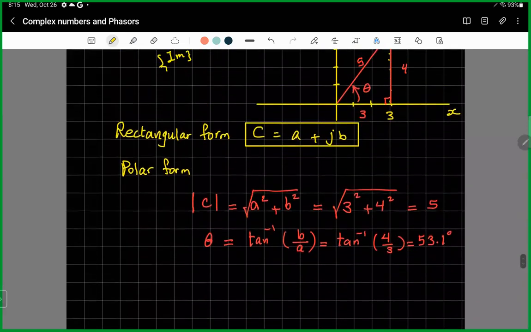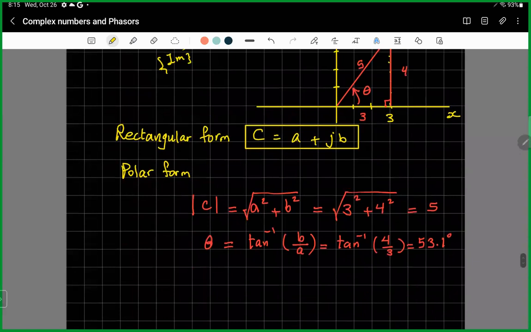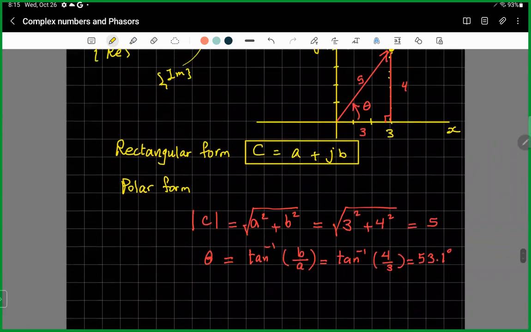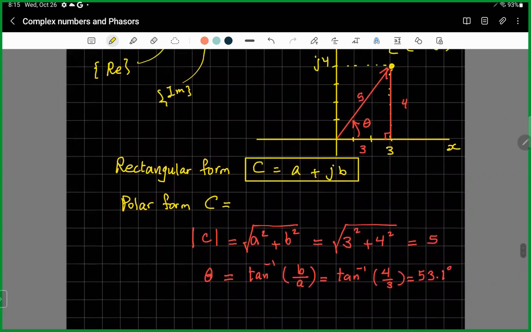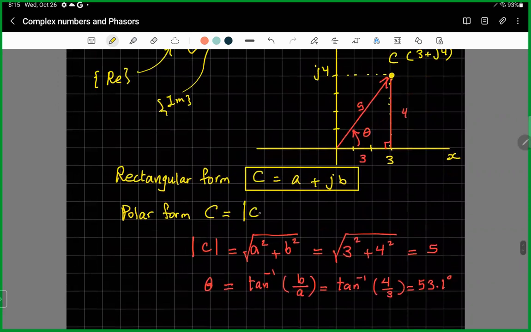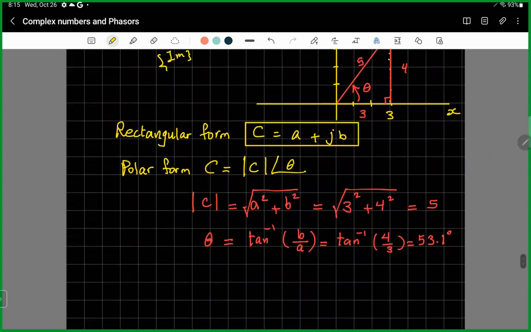So how do you represent this complex number in polar form? You write the magnitude, so C is equal to the magnitude on angle theta. In this case, you will say C is equal to 5 on angle 53.1 degrees. That's the representation in polar form for the same example.